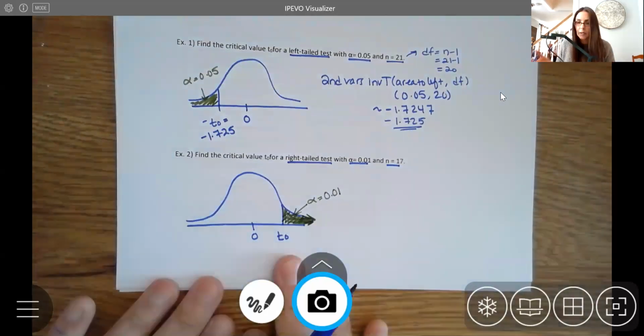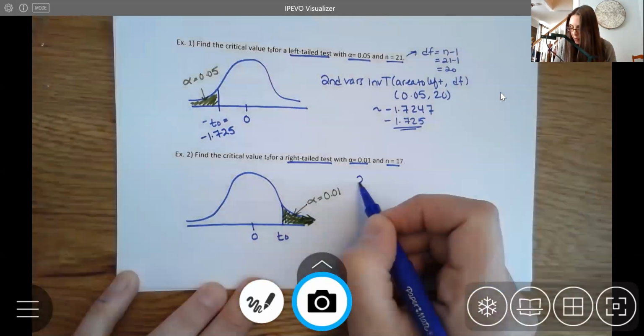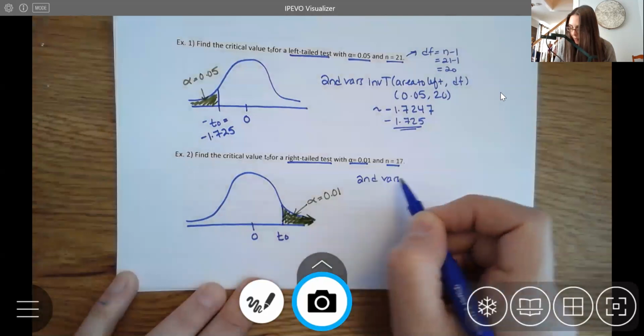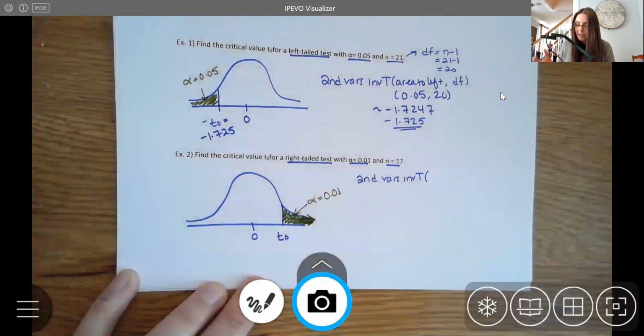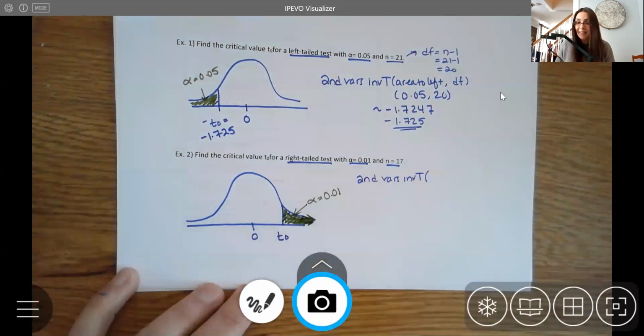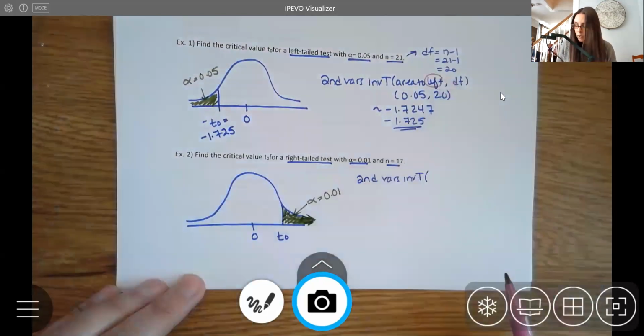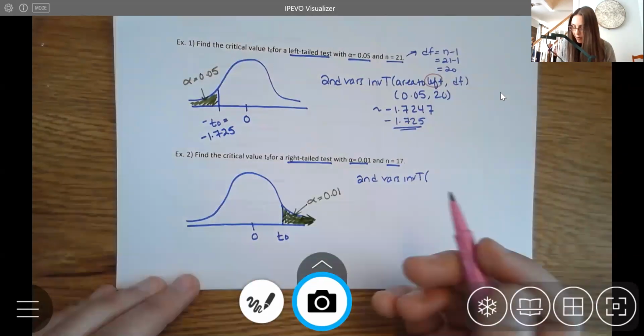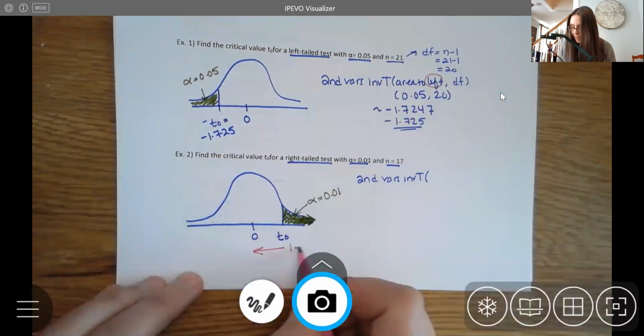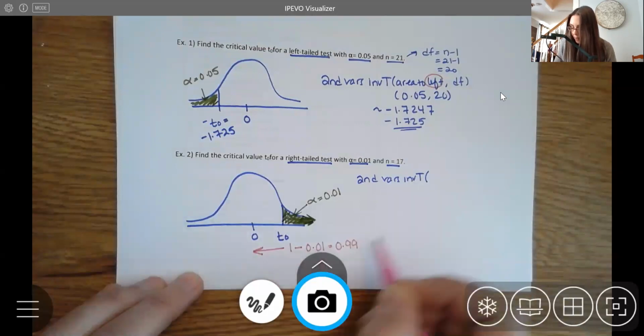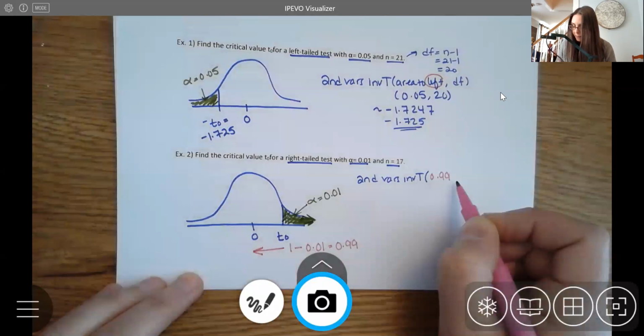So let's do the calculator first because it's kind of fresh in our mind. So I'm going to do second vars inverse t. Now you just need to be careful. It's area to the left. Always, always, always to the left when you use those inverse functions. So if you think about it, if I want the area to the left, it's going to be 1 minus the 0.01. So you're looking at 0.99 here for your area to the left.